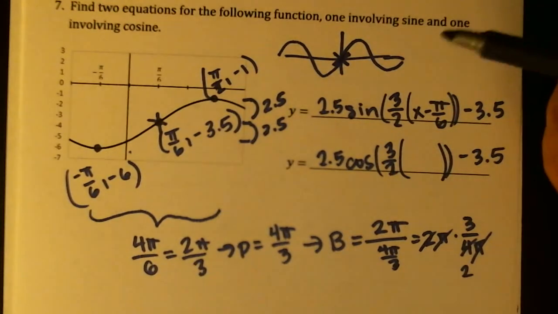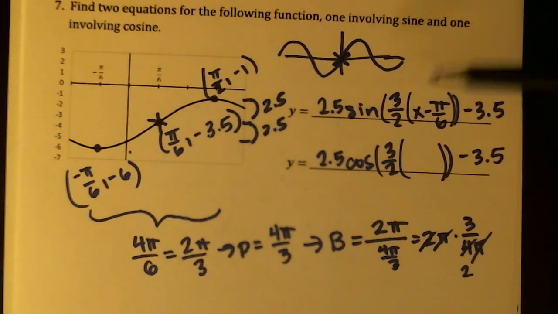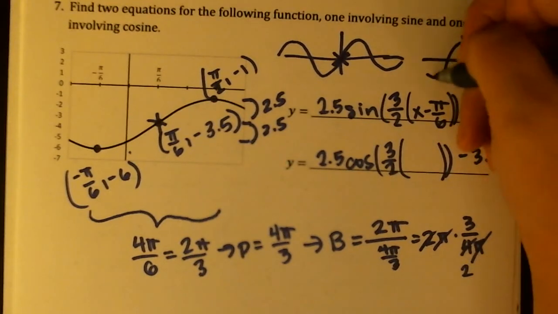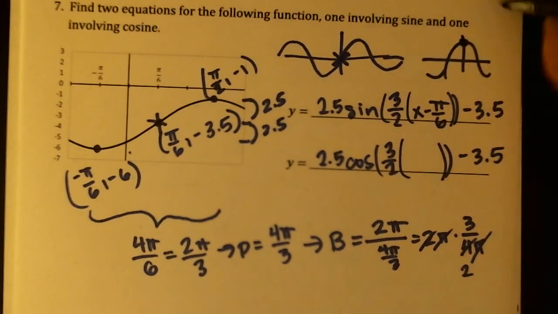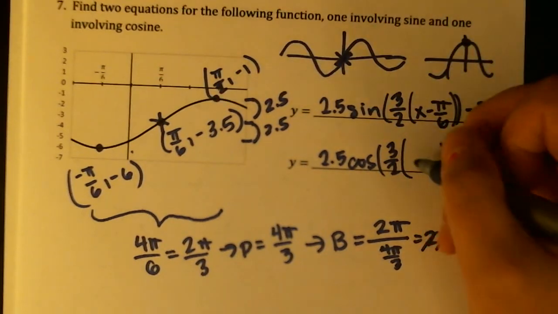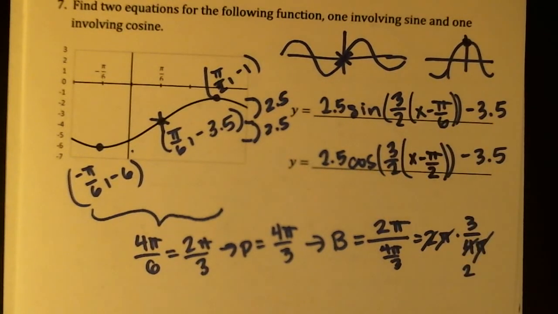Lots of choices because there's so much symmetry in these graphs. For cosine, the easy thing to do will be to line up the maximum. The maximum normally happens on the y-axis. I need to get a maximum all the way out to pi over 2, so I'm going to shift right pi over 2. So that's how I would do them. But again, there are other shifts that would give you the correct graph. All right, thanks for watching.